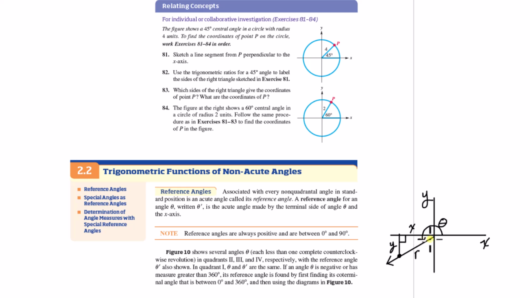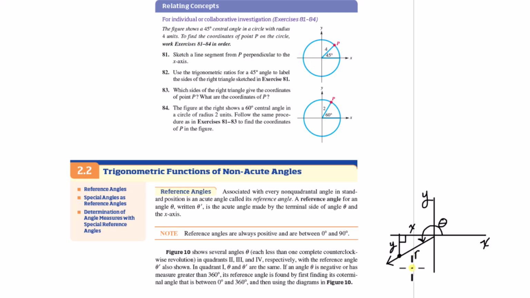Or you could think about it this way: maybe you don't have the side length information, right? But if you find out that the reference angle is 30 degrees or 45 degrees or 60 degrees, then you can go to that triangle and put in the side lengths. If this was 30 degrees, x would be minus root 3, y would be minus 1, and r would be 2. And you might ask, what if the radius was something different than 2?